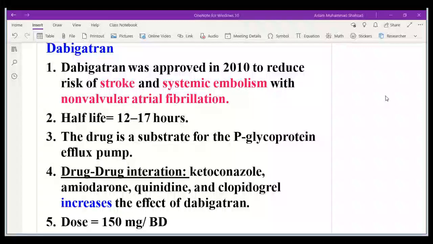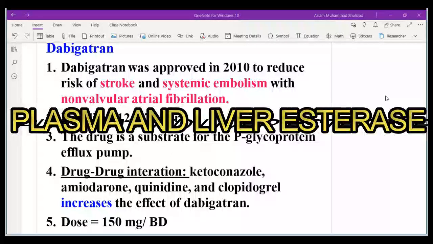The transformation of the drug from inactive to active form takes place very quickly. So usually the role of P-glycoprotein on the inactive form of dabigatran is not very observable, as the inactive form is rapidly converted into the active form with the help of plasma and liver esterase, which is the enzyme.